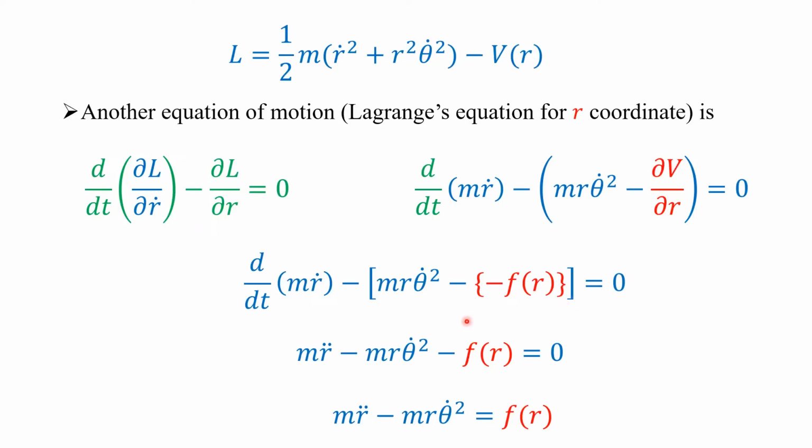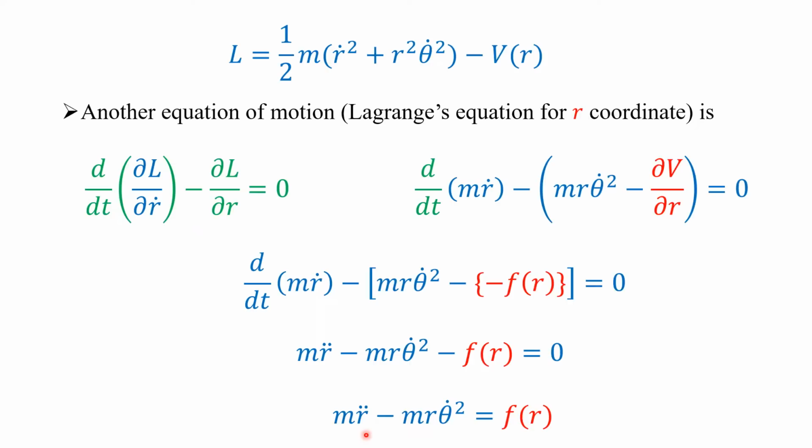So you can rearrange the terms: d by dt of m r dot is equal to m r double dot, that is a second derivative, minus m r theta dot squared, this term. Then minus of minus will become plus. Already one minus is outside the bracket, so this will become minus f of r, which is equal to 0.